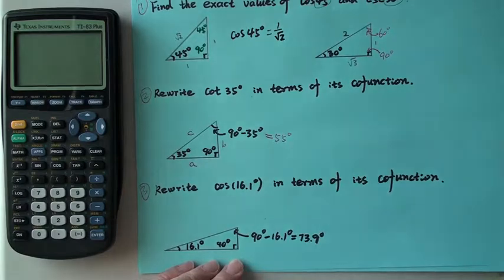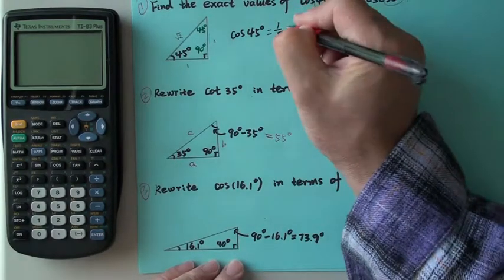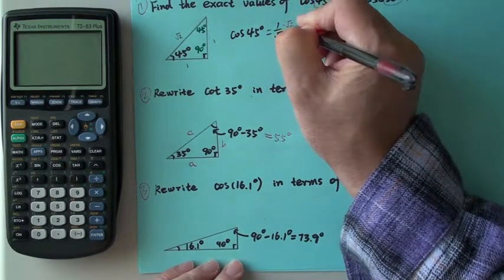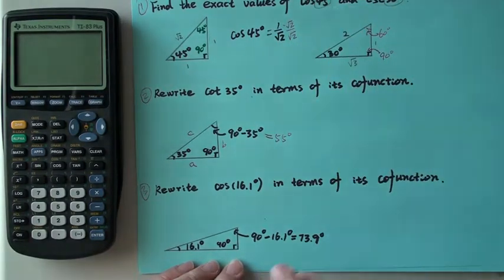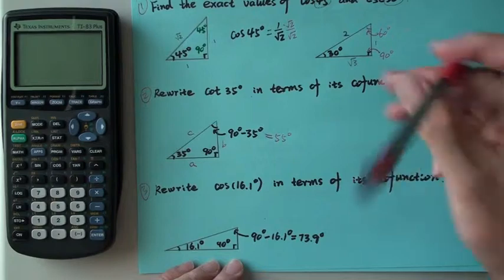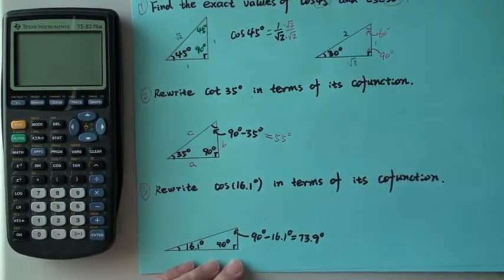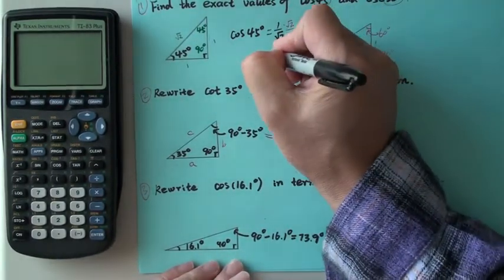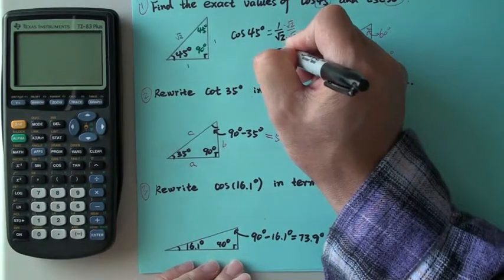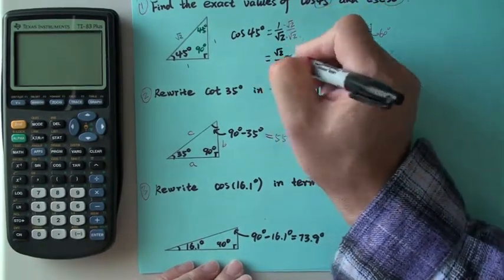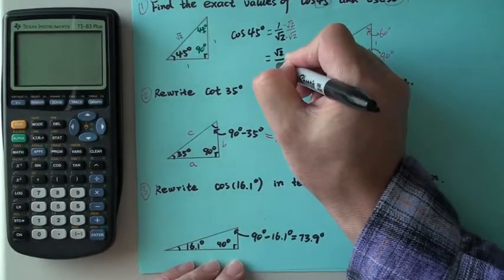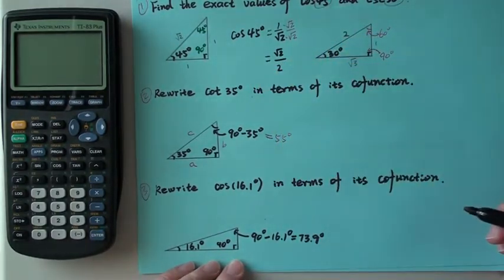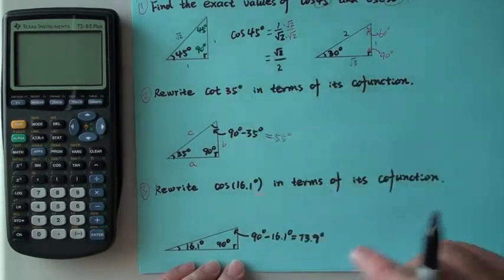If you want to rationalize that, you may multiply radical 2 times both numerator and denominator. 1 times radical 2 is radical 2 for the numerator. Denominator, radical 2 times radical 2 is 2. So we are done with the first one.